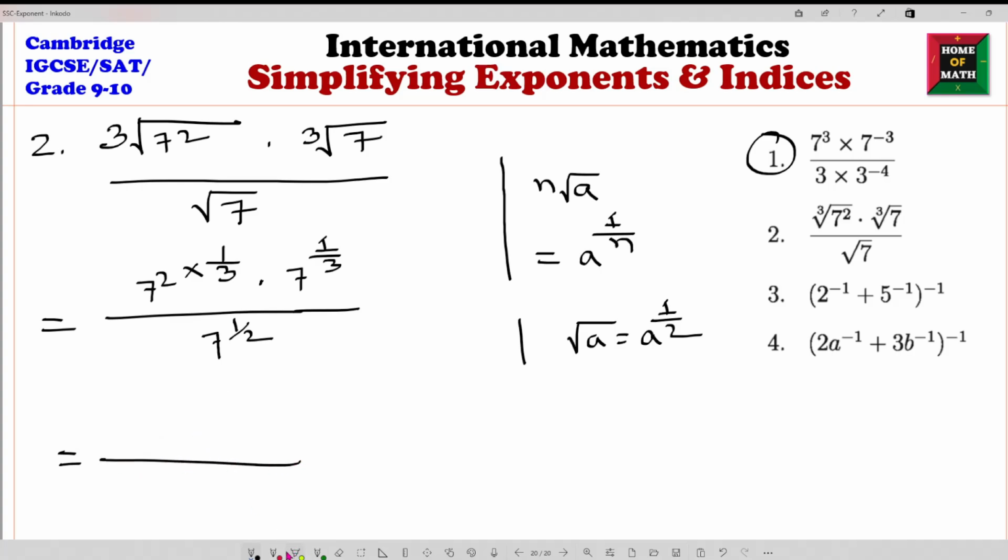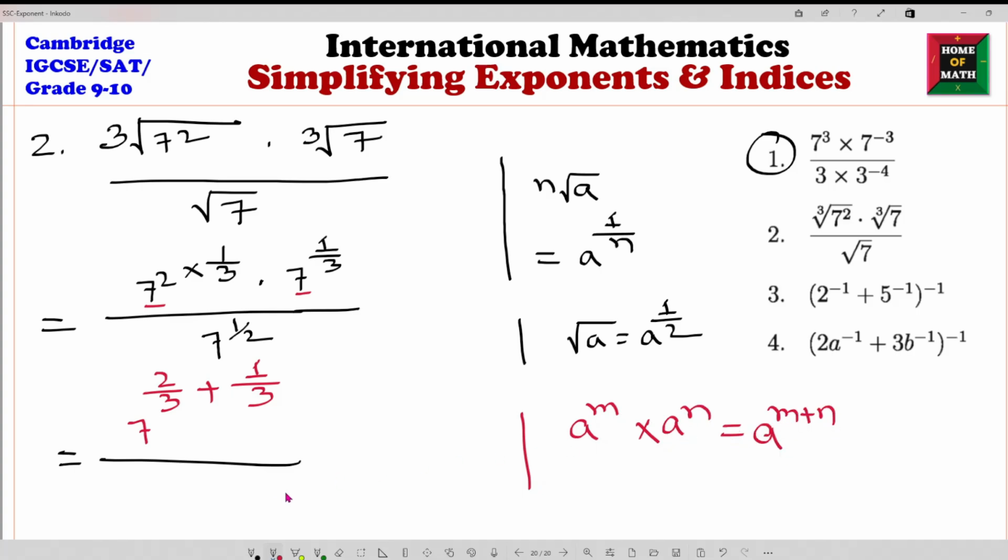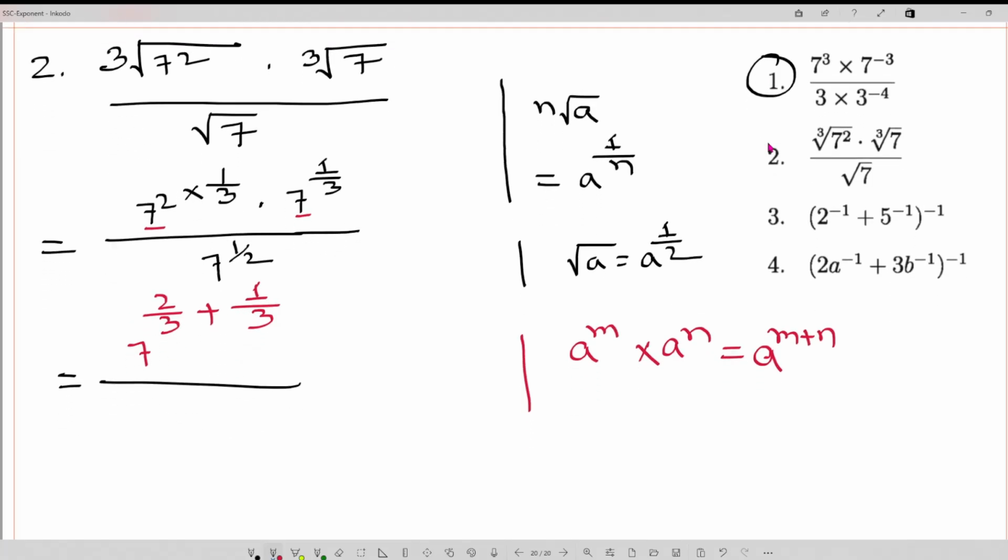Now in the numerator the bases are the same, so we can write 7 to the power 2 by 3 plus 1 by 3. Why? Because we know a to the power m times a to the power n equals a to the power m plus n. So this one is 2 by 3 plus 1 by 3, and the denominator is 7 to the power 1 by 2, which is unchanged.